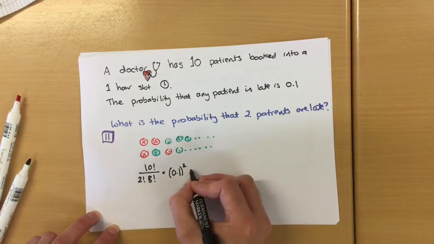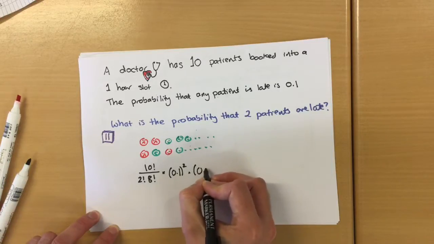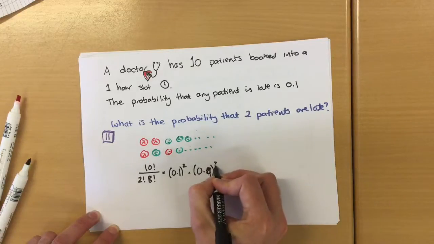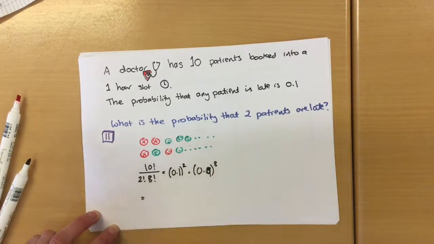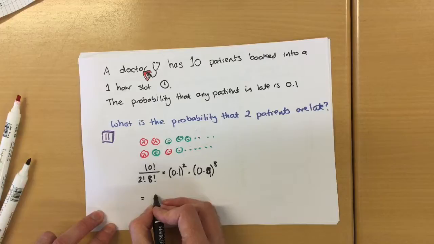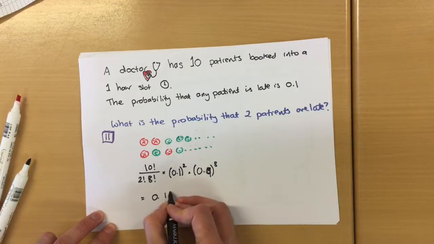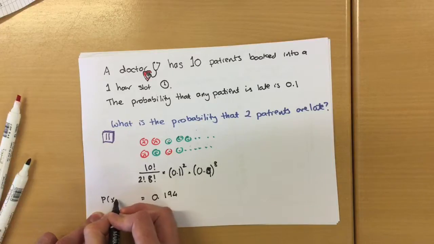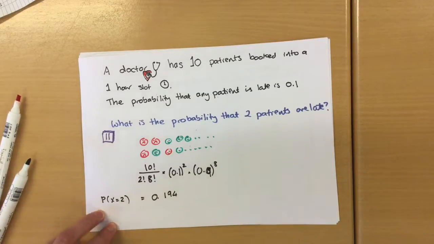There's 2 of them, so we square it, and the probability it's on time is 0.9, and there's 8 of those. You put it all in a calculator and you get an answer of 0.194 being the probability that there are 2 people late.